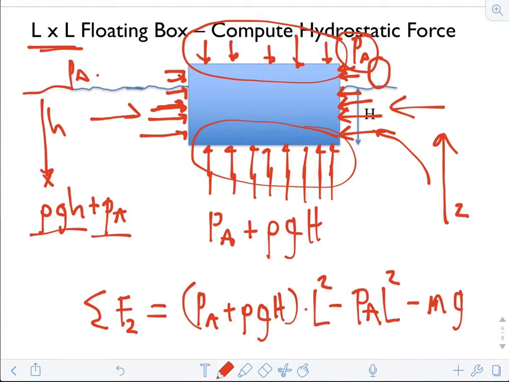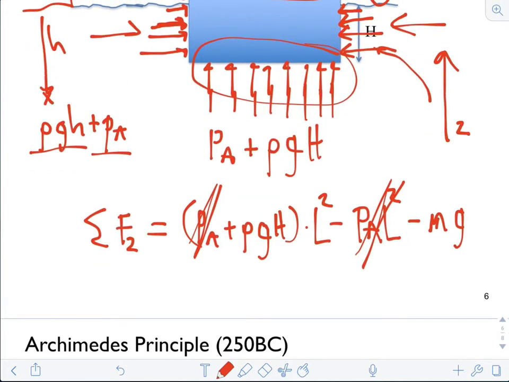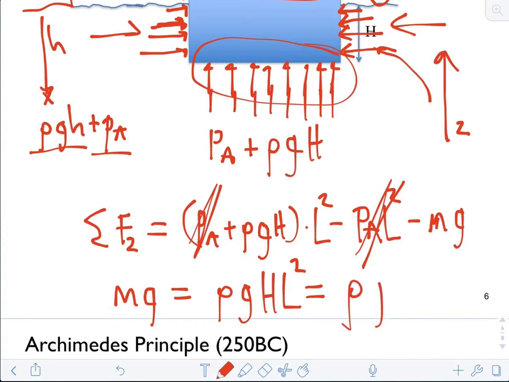So we have pressure forces and we have weight. Weight is a gravitational force acting on every molecule in that box. The pressure forces act on the surface of the box. We can see the atmospheric pressure disappears, and we're left with this basic equilibrium that mg is equal to rho g H L squared, which is equal to rho g times the submerged volume of the box, Vs, right here.